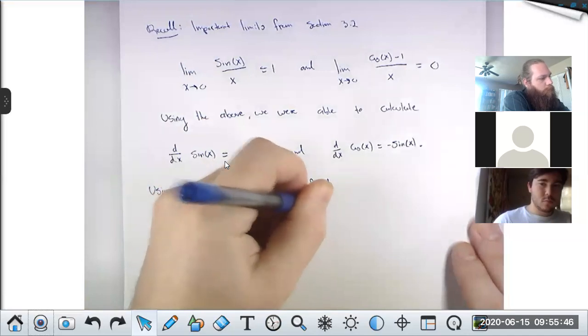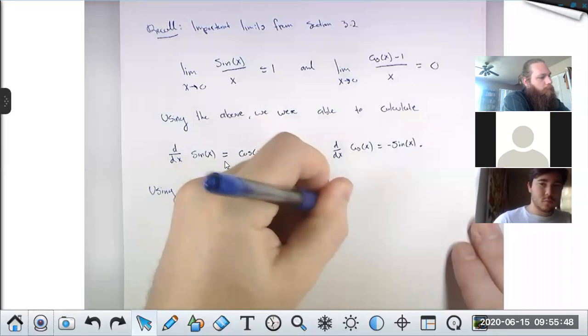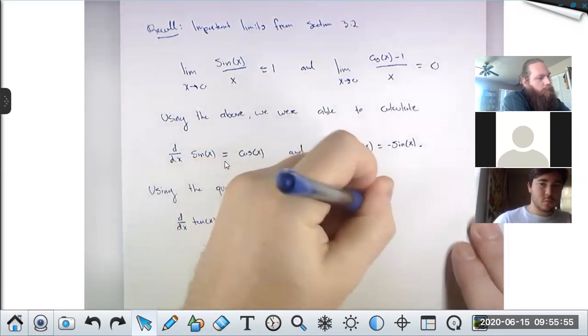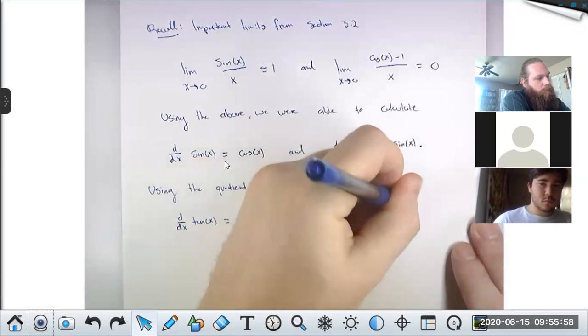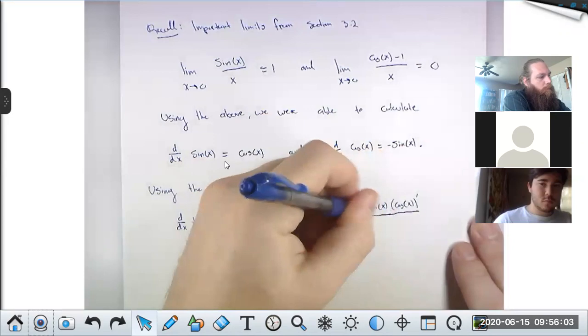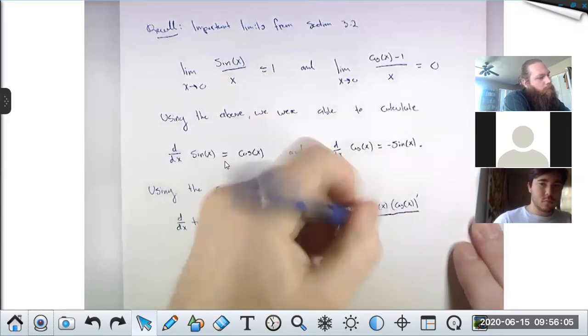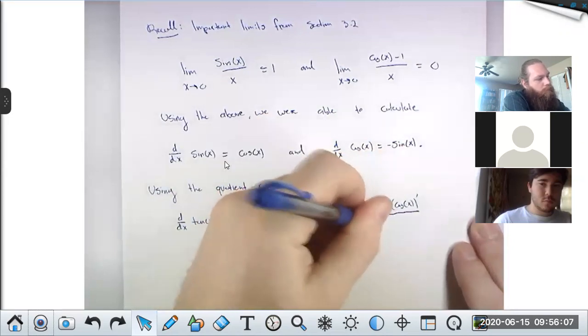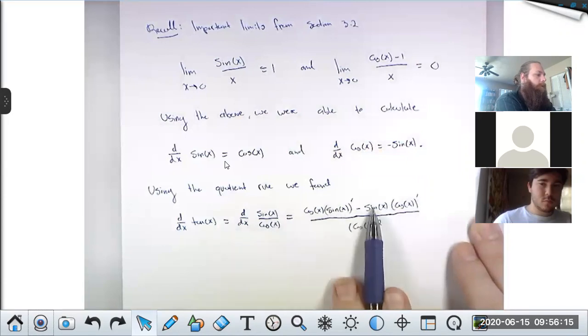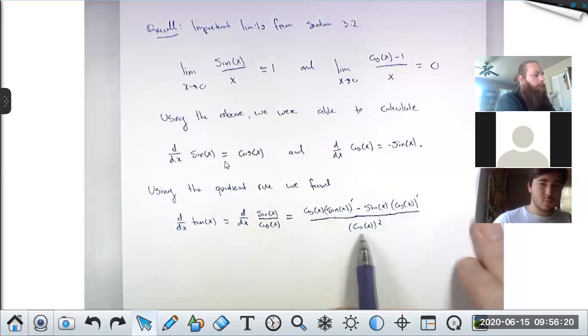I'll do this one in full. So this is your low d high, bottom times the derivative of the top, minus high d low, top times the derivative of the bottom, all over low low, the bottom squared.